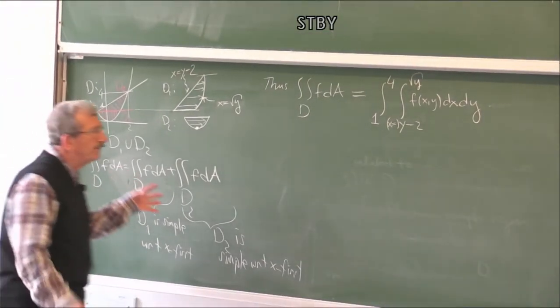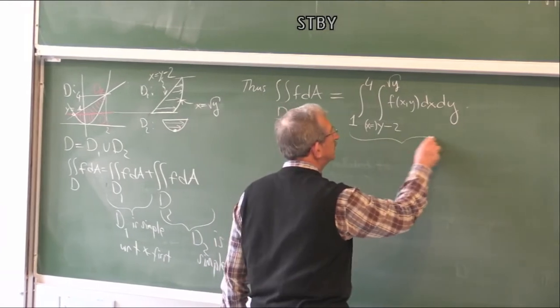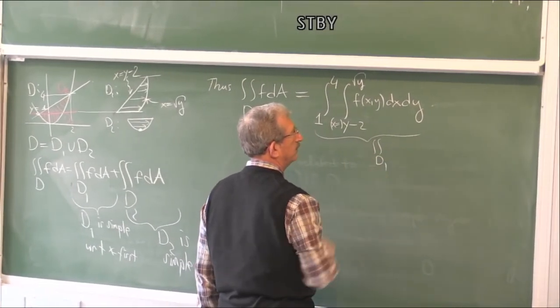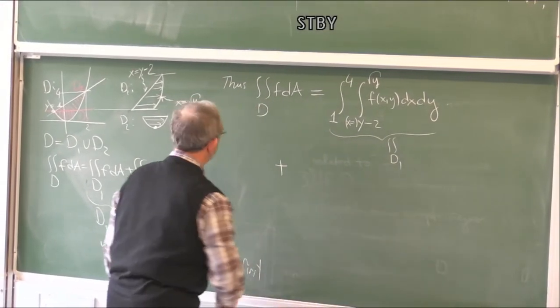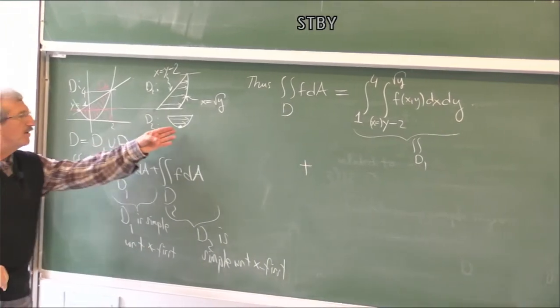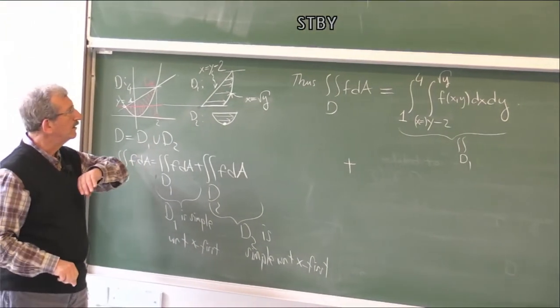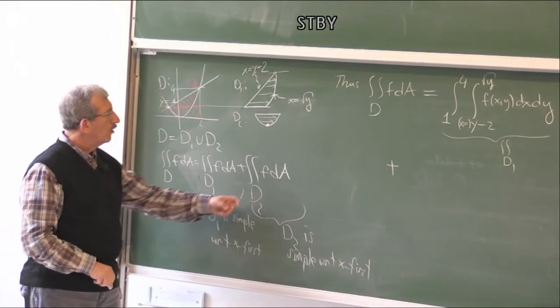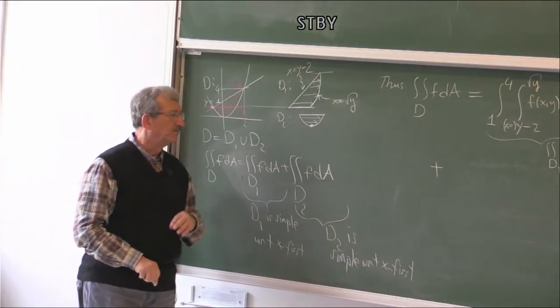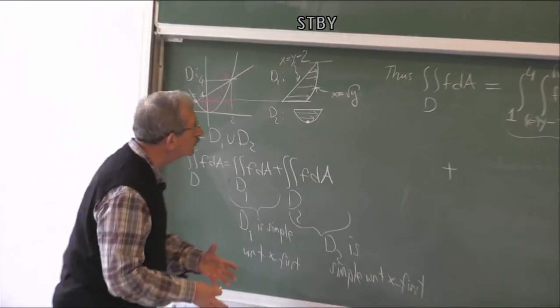Now, we are not finished, of course. This is just the integral over D1. Plus, now we have to write the same thing for the second integral over D2. Well, D2 is again a simple region with respect to x first.